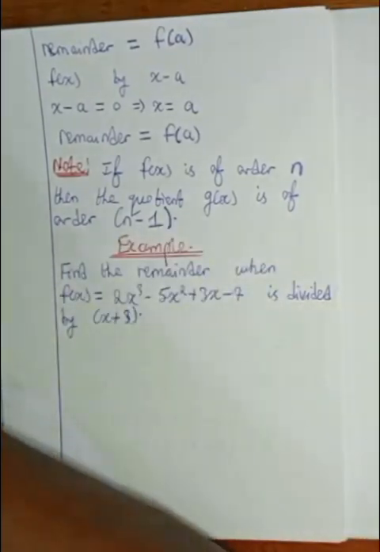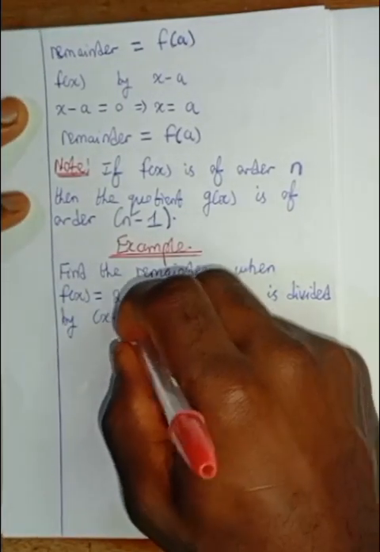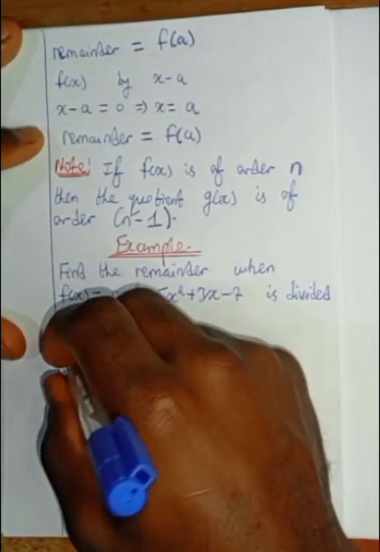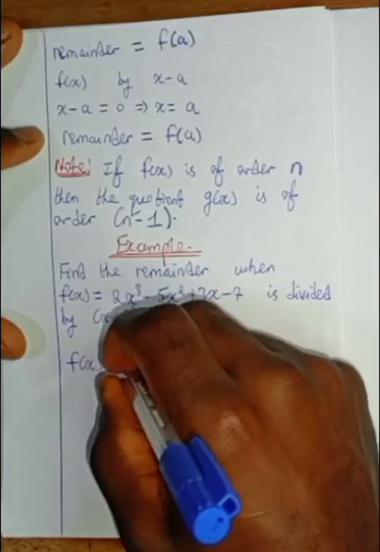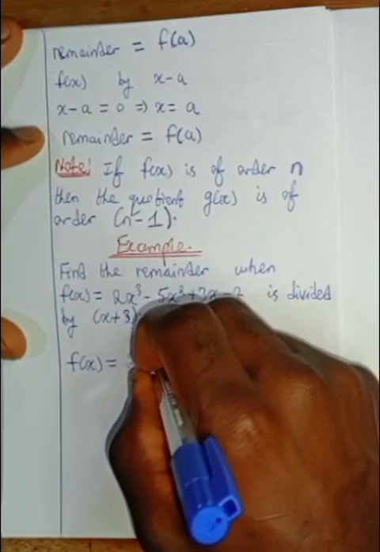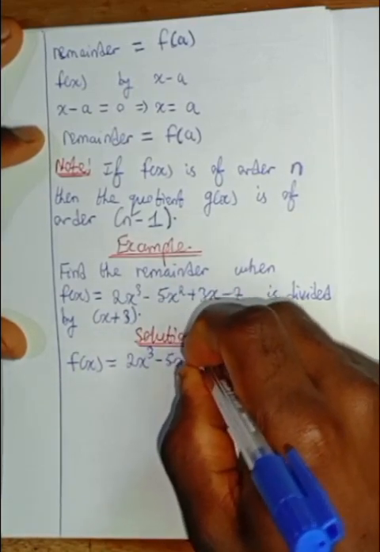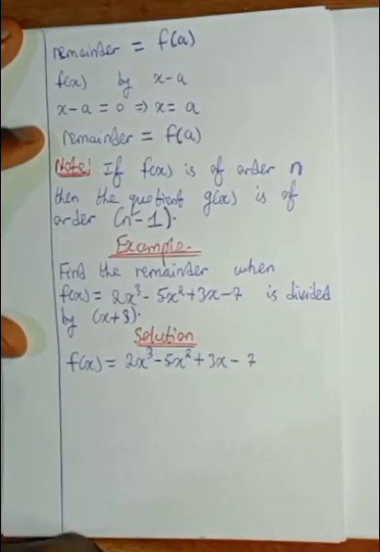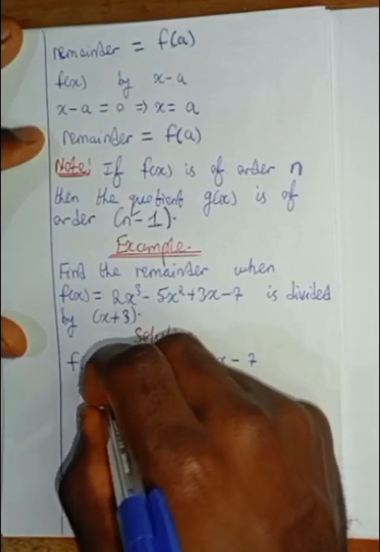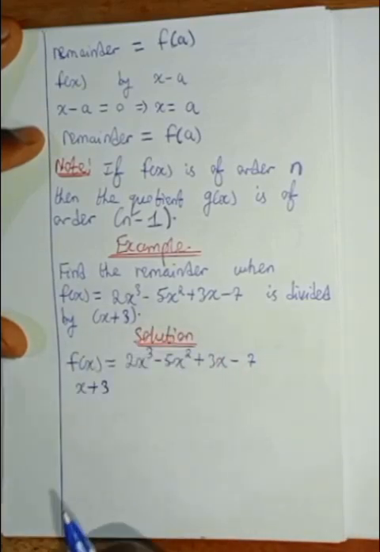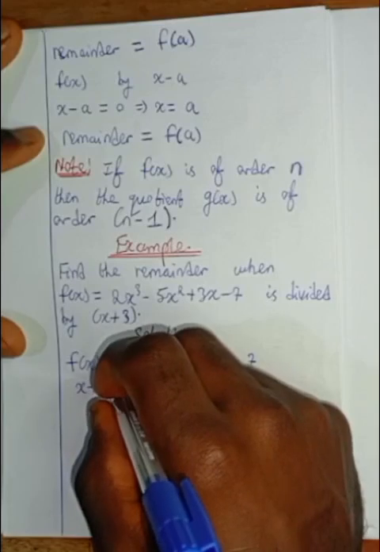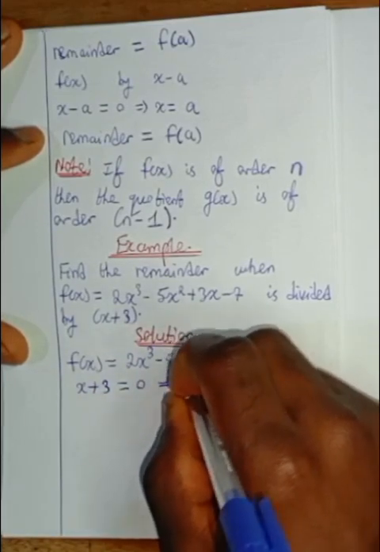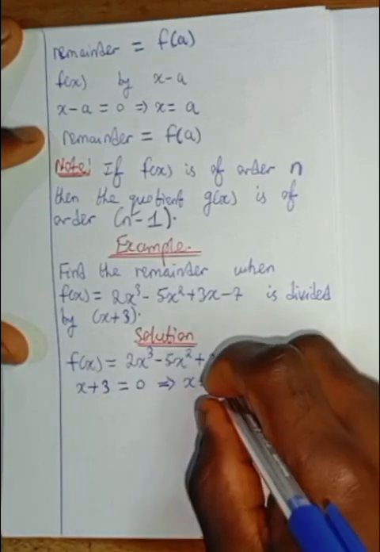We are going to make use of the remainder theorem. We know f of x is equal to 2x cubed minus 5x squared plus 3x minus 7. It is to be divided by x plus 3. Since we are going to make use of the remainder theorem, we are going to equate x plus 3 to 0, and then make x the subject of formula. X will simply be equal to negative 3.